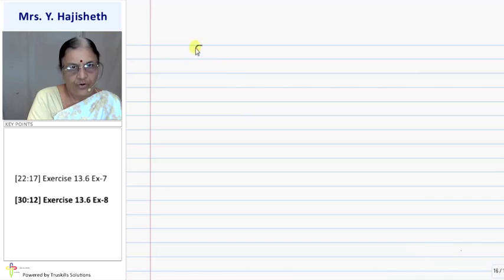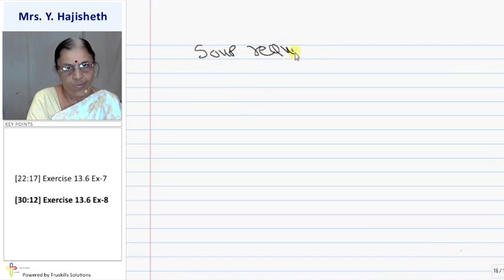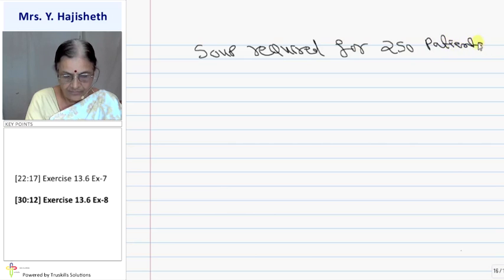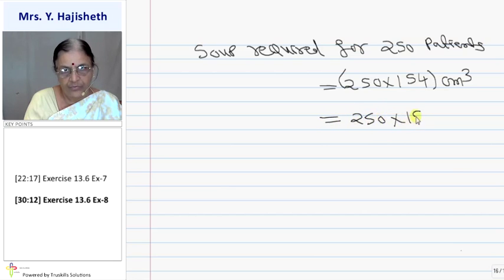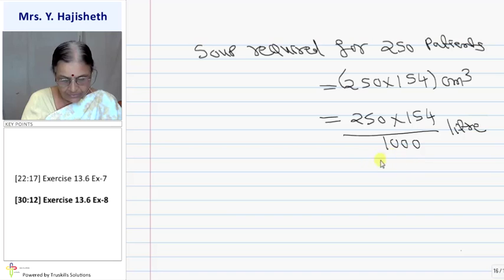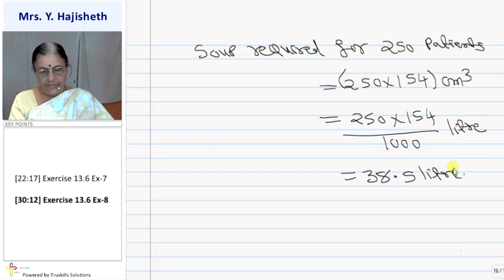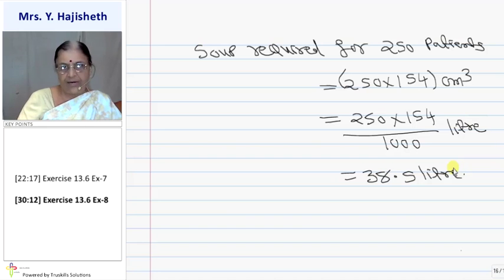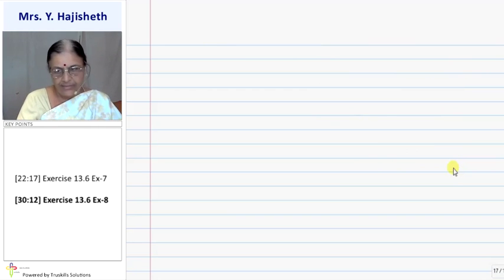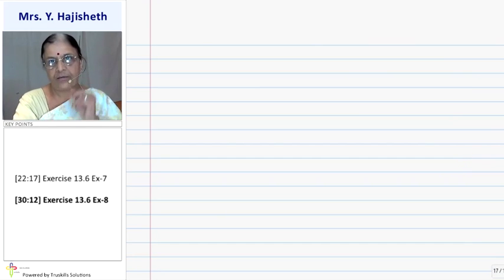So soup required for 250 patients is equal to 250 into 154 centimeter cube. To make it liters, we divide by 1000, then we get liters, this many liters of soup needed. So if you calculate, it is 38.5 liters of soup the hospital requires. Hospital requires 38.5 liters of soup for 250 patients. That completes your exercise 13.6.